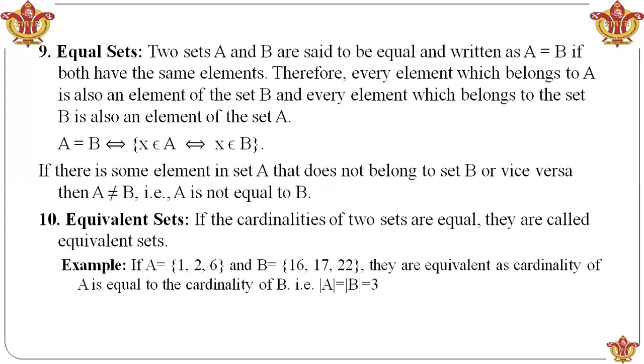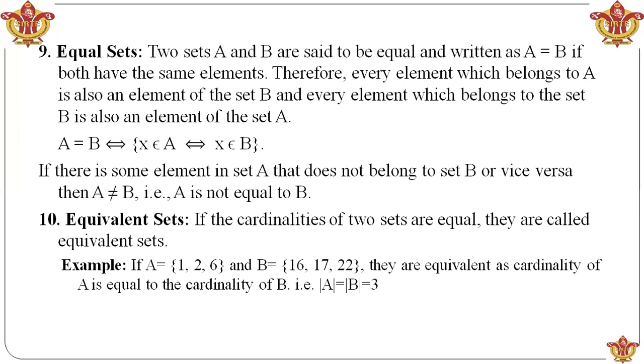After that, in the continuation of set theory, we're going to discuss the equal set. What is an equal set? Two sets A and B are said to be equal, written as A equal to B, if both have the same elements. Therefore, every element which belongs to A is also an element of B, right?